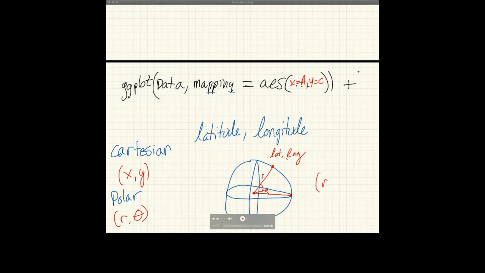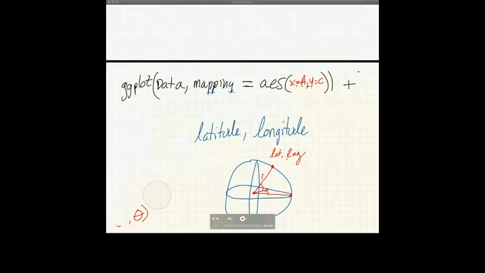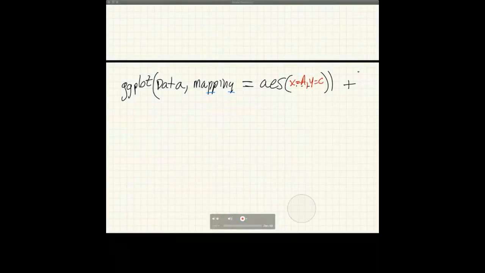They're three-dimensional, so you get radius, latitude, and longitude. And we just assume this is constant, and we talk about latitude and longitude. Okay? So I just wanted to talk a little bit about those systems, Cartesian and polar. And the very last bit that I want to talk about is the use of faceting. This is facet.